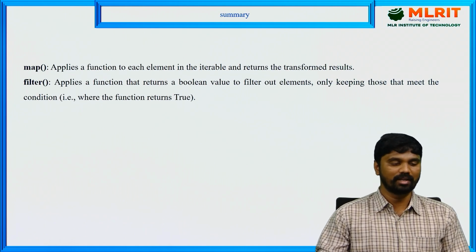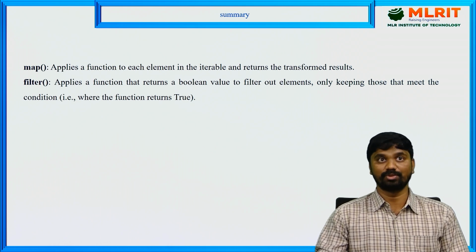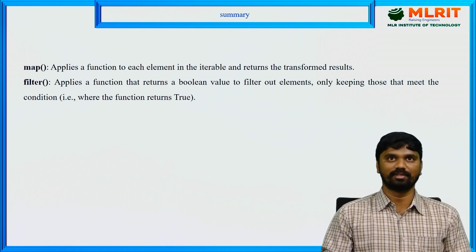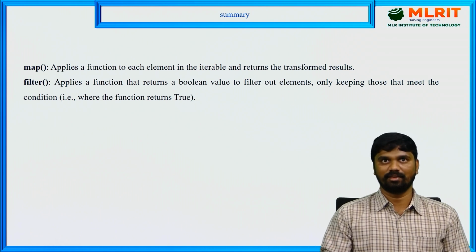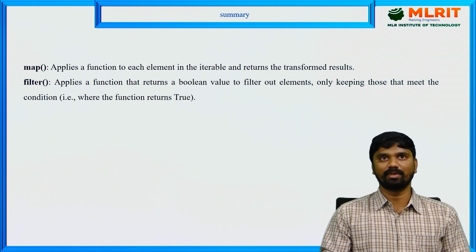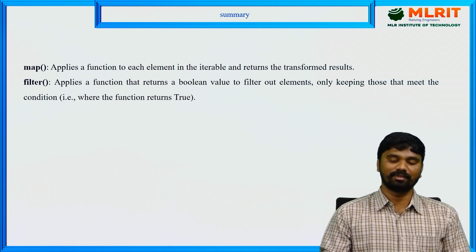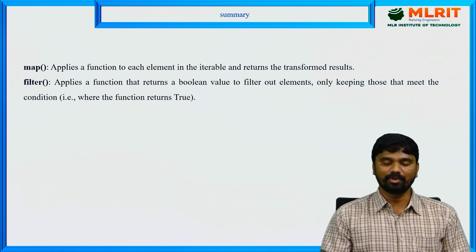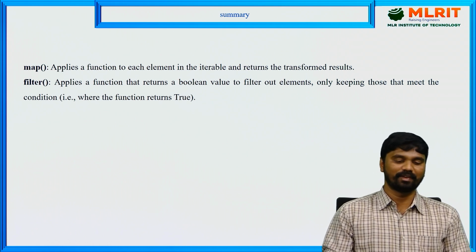The map function applies a function to each element in the iterable and returns the transformed result. That means it manipulates the elements, and those manipulated elements are printed and produce the result.